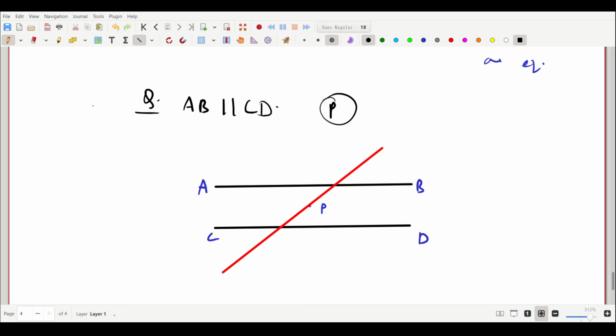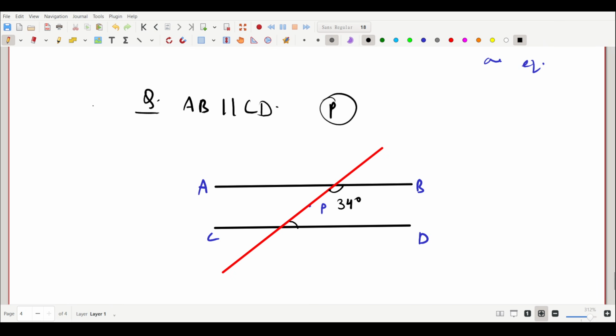And this is 34. Angle made by P on the CD line, we have to calculate that angle.